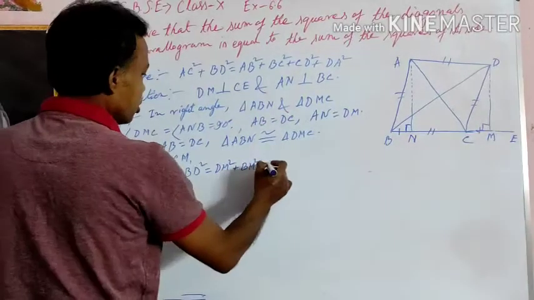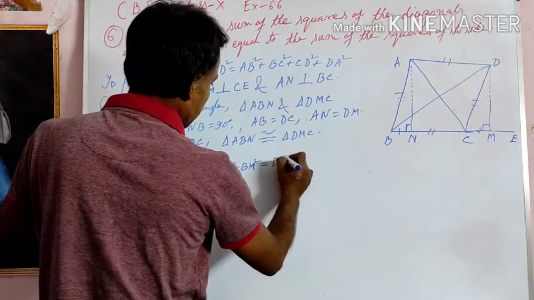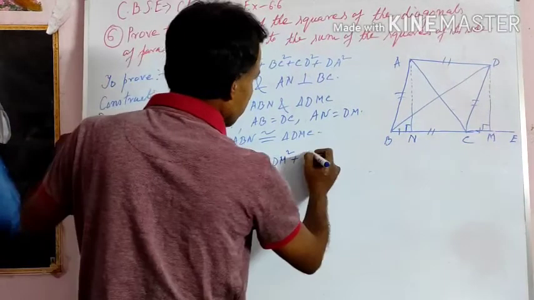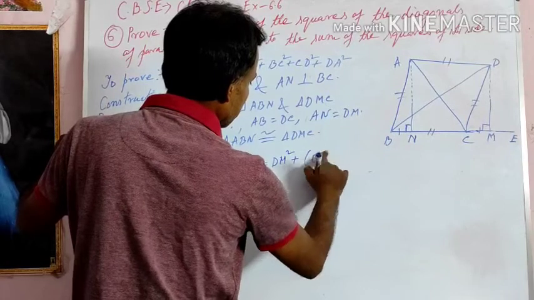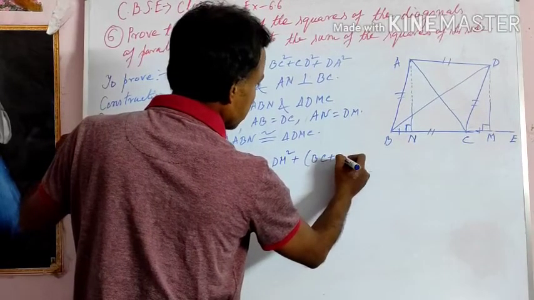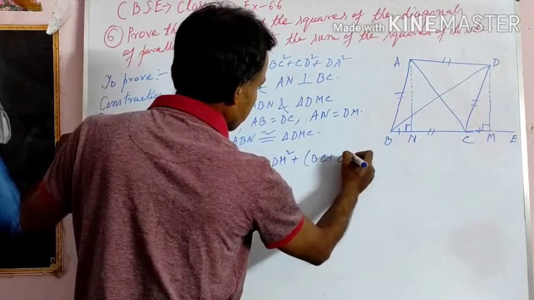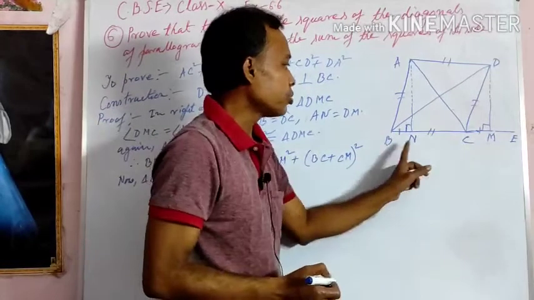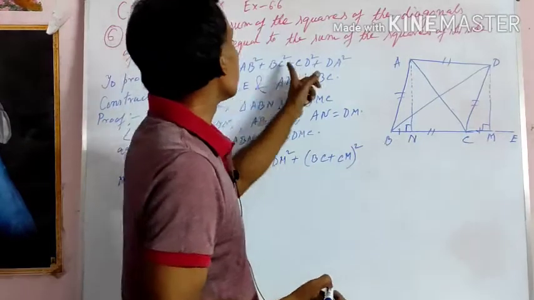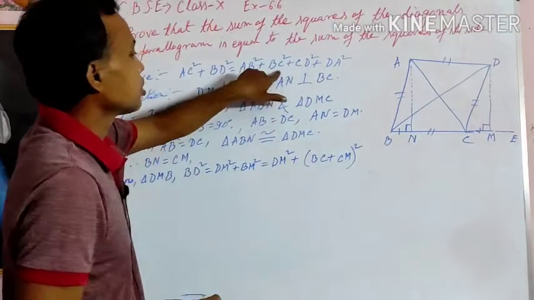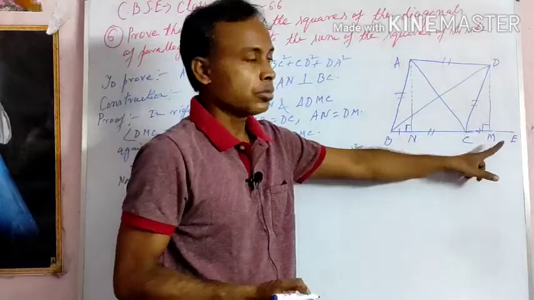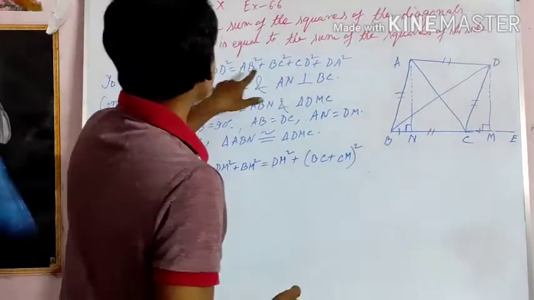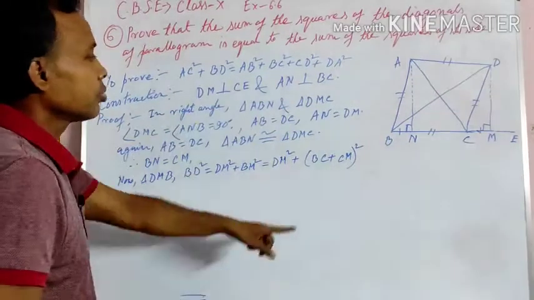So we will replace BM by BC plus CM, because in your proof there is BC, not BM. That is why BM is replaced by BC plus CM.